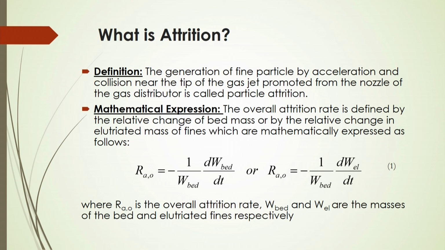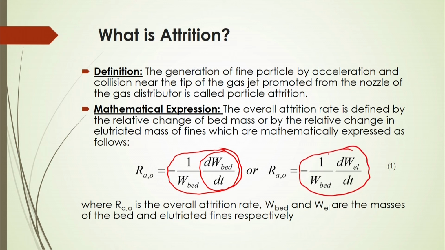So, R_A0 is represented here as 1 by W_bed into the rate of change of weight of fines in the fluidized bed per unit time, or this can be represented by the rate of attrited fines formation, that is 1 by W_bed, where W_bed is the weight of the bed of solids, and dW_EL means the weight of attrited fines that is generated by the collision of particles per unit time here.